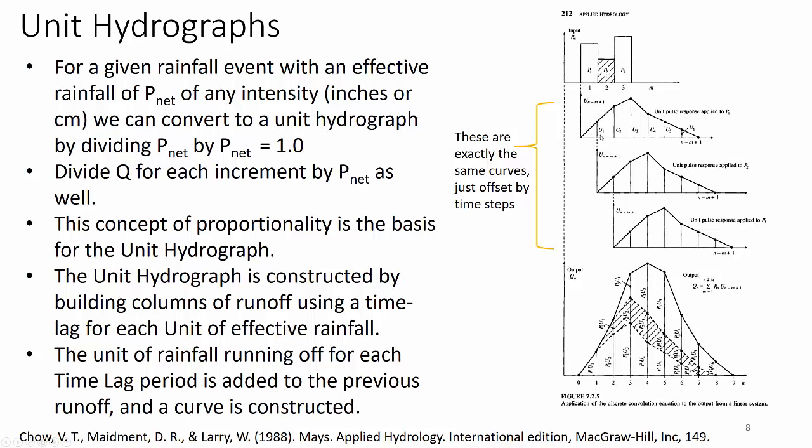And so here's the unit of runoff that occurs for P1. Here's the unit of runoff that occurs for P2, P3. But it keeps coming on because the runoff doesn't stop when the rainfall stops. It lags out. Based on observation of data, we can see that we have a pattern of allocation of runoff. And then we can allocate that for each increment.